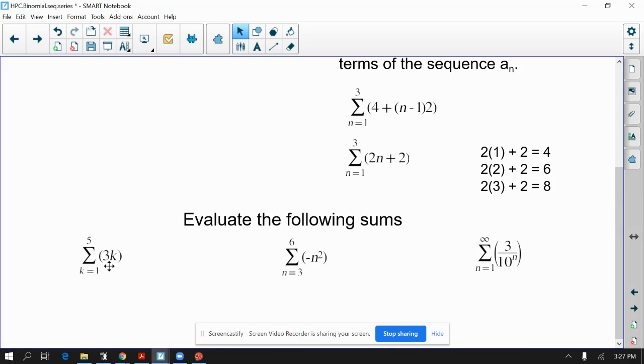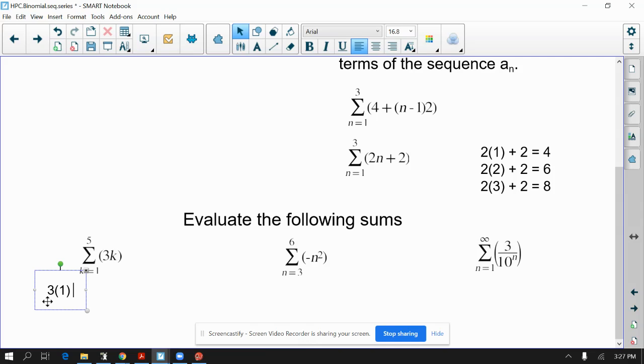So here, this is an arithmetic sequence, where the common difference is 3. But I want to add the first term plus the second term plus the third term plus the fourth term plus the fifth term. I add up those 5 terms. So let's show my work like a good boy.